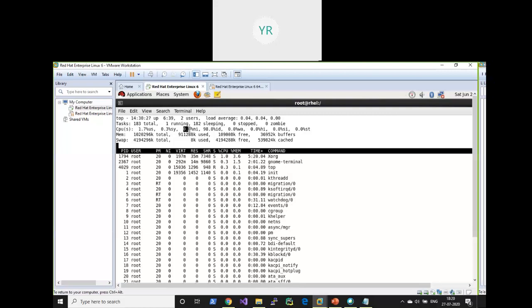If any user changes the nice value of a process, you will get the information here. It is very useful. If it is taking much of the CPU, then we will notice that immediately and get the information.